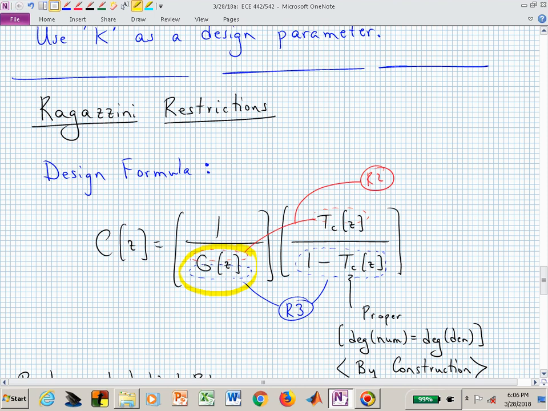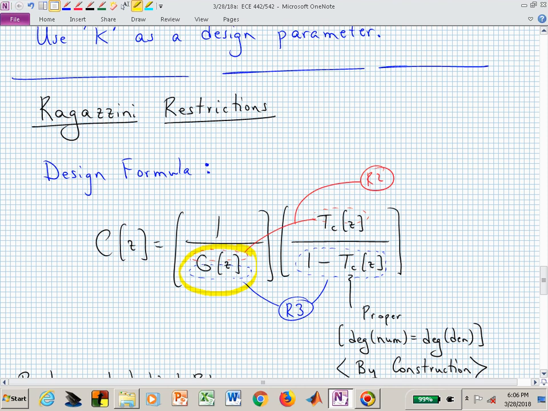If I have those same factors, then they will cancel each other and they won't appear in capital C of z. I'm not saying that you can't have an unstable controller or unstable zeros in your controller. I'm saying you can't cancel unstable poles and zeros with your controller.